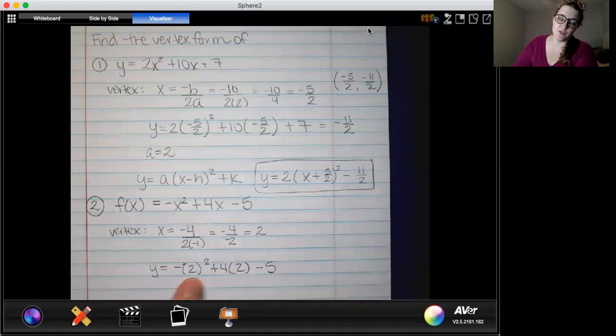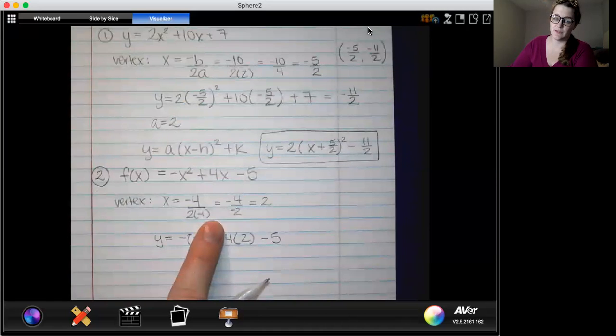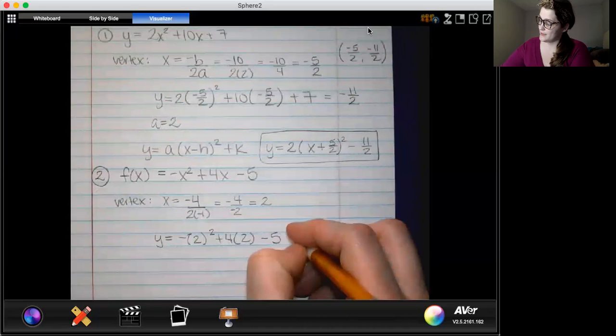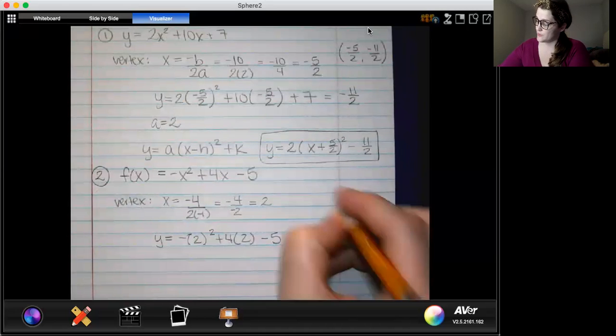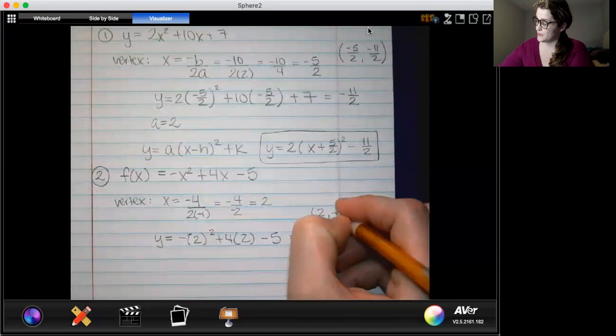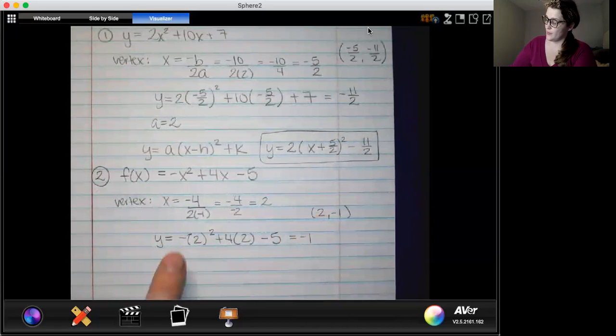Now we'll make sure that negative is outside of the 2. It is not negative 2 squared. It is 2 squared times a negative 1. So type that all in. You should have gotten negative 1 as your answer. So a vertex of 2, negative 1. We pull our a value.